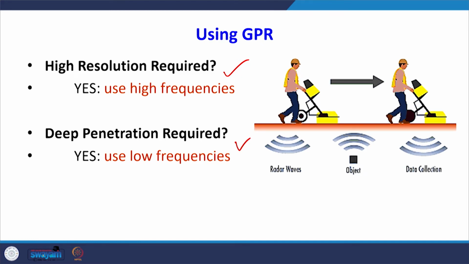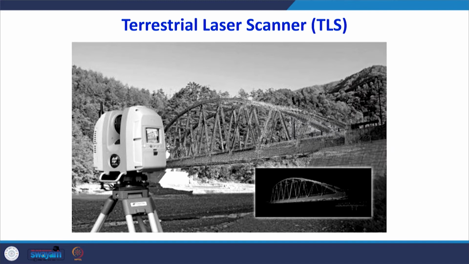So, if I want 20 meter or 30 meter deep penetration and would like to know what is below the ground, then we have to use a low frequency antenna. In fact, low frequency antennas are expensive as compared to high frequency antennas, and it depends upon the depth also, whether we want depth measurements up to 3 meters below the ground or not.